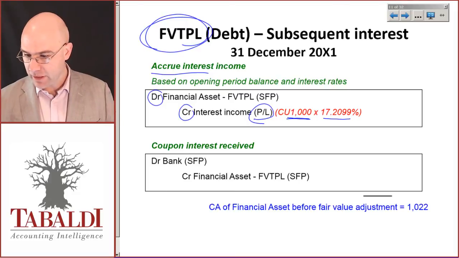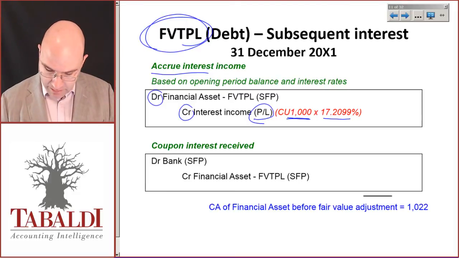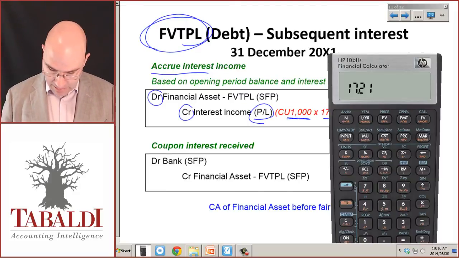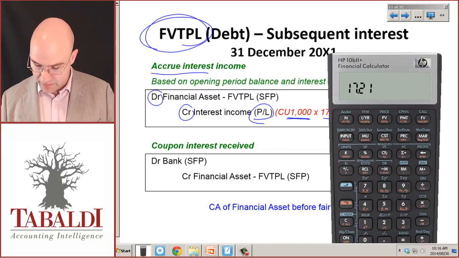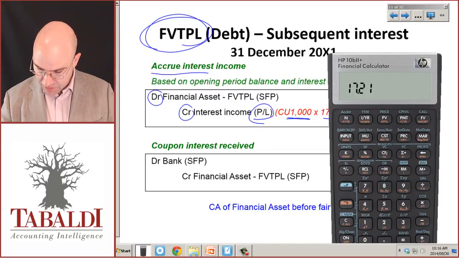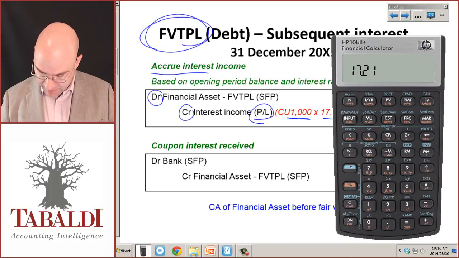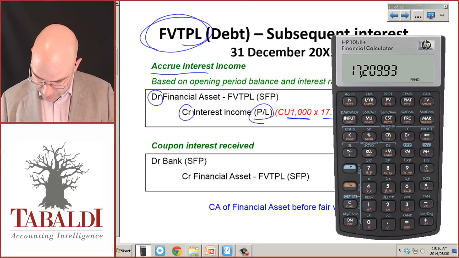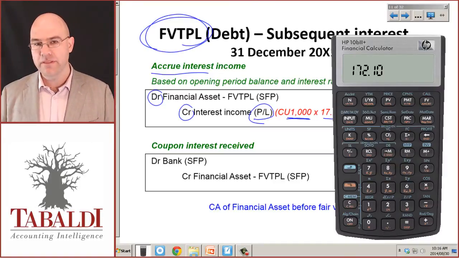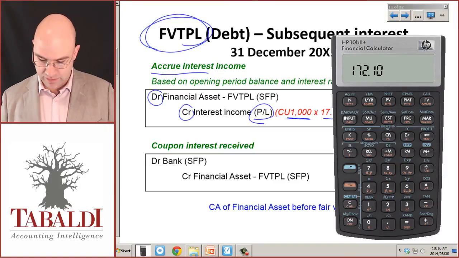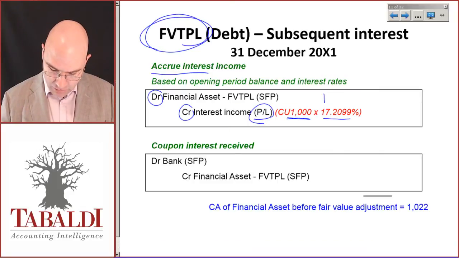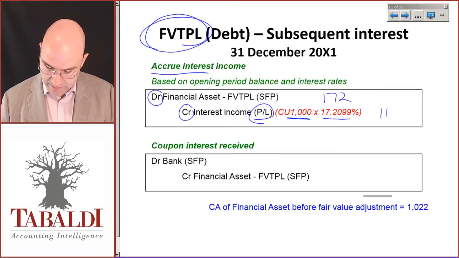Let's do it quickly. We can take that 17.20099%, and I'm just going to times this by the 1,000. That's my opening balance, and that leaves me with, oops, I forgot to divide it by 100. That leaves me with 172 in interest. We'll round that down. So that is 172.